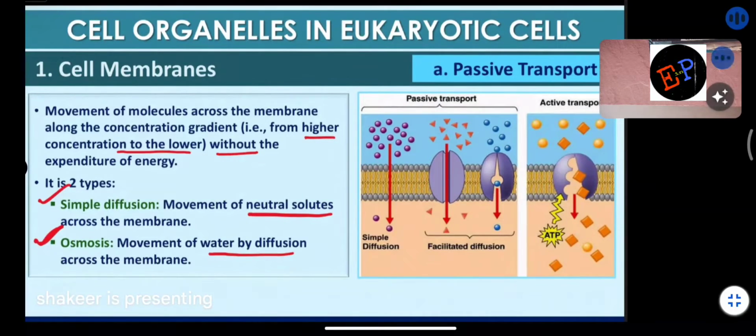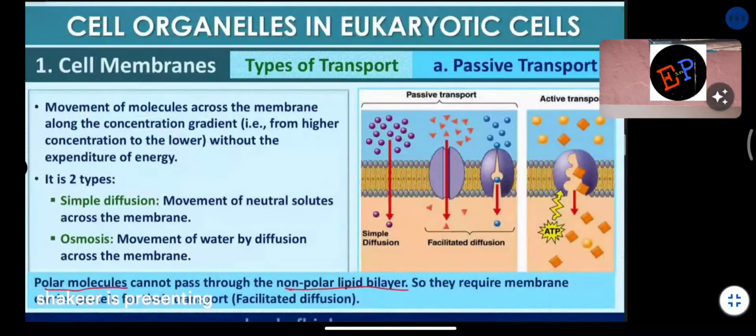So here we have a figure. We will come to this figure later. Okay. Now see, ma. Next, already we have studied, no? So polar molecules cannot pass through the non-polar lipid bilayer. Are you able to understand, ma? This bit also is very important.